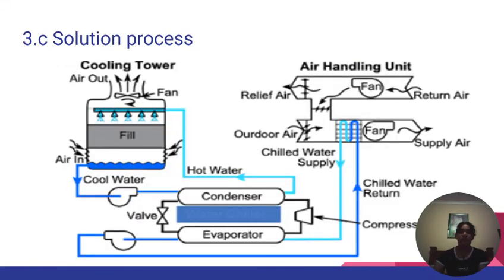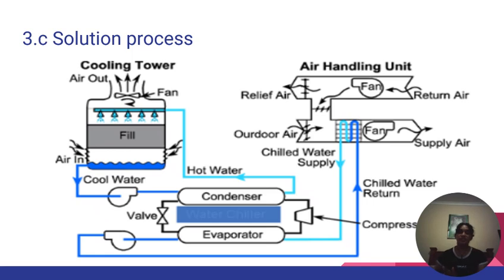And as you can see in this diagram, you can see a clear view of a water cooled chiller. You can clearly see a cooling tower, a condenser and an evaporator.